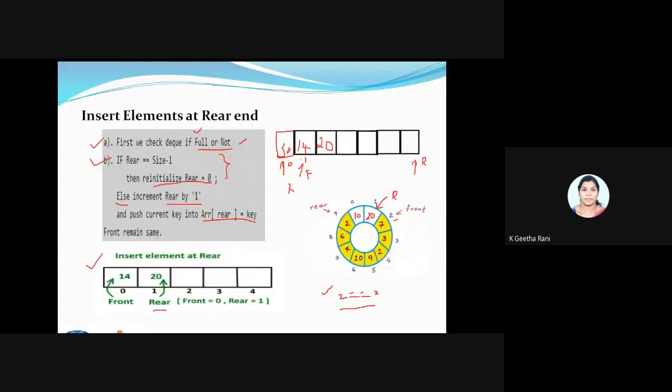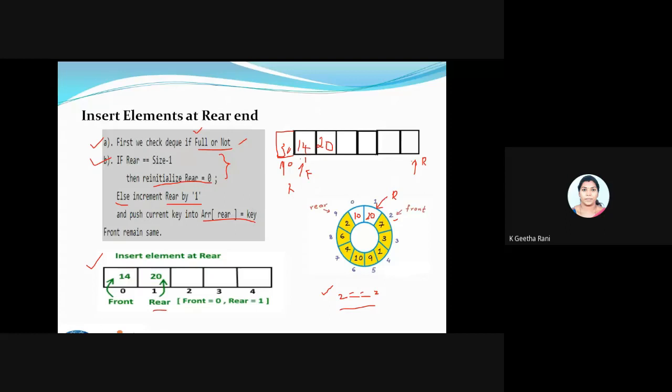These are the four operations here. In each and every operation, a new condition has been created because of this circular array concept. For example, inserting an element at the rear end has a unique condition: if my rear is size minus 1, what do I have to do.